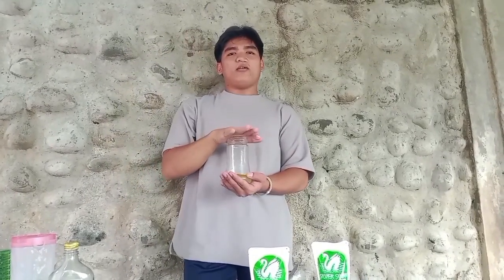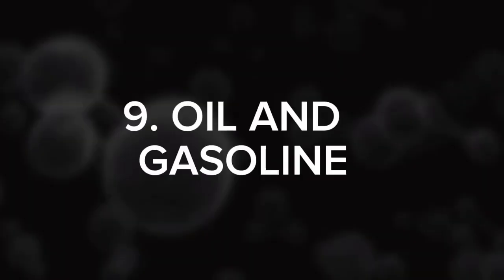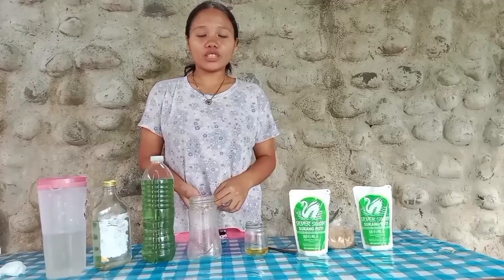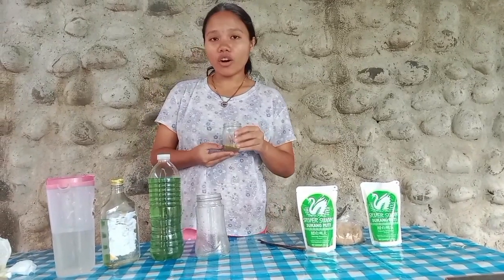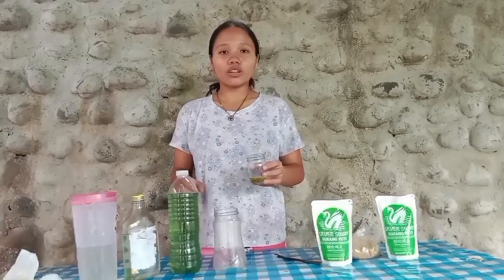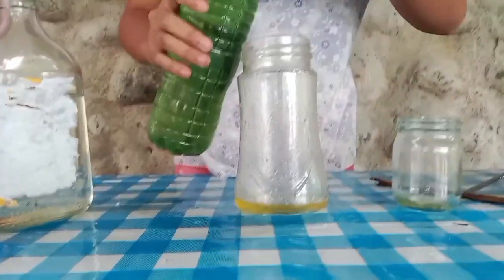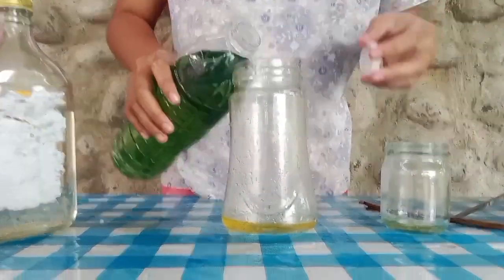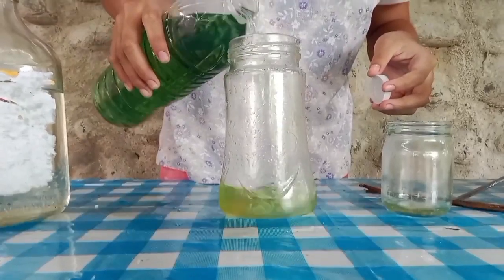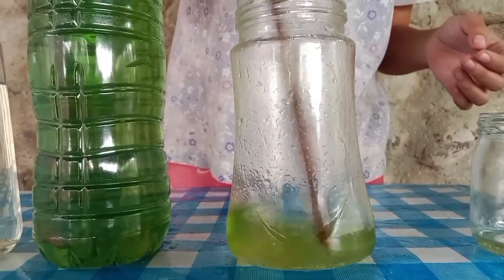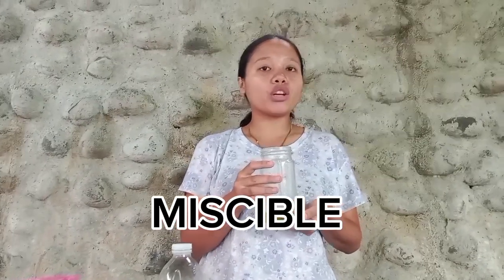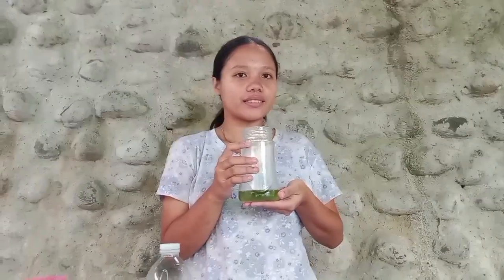They are immiscible. Next combination is cooking oil and gasoline. So let's mix together. We observe that cooking oil and gasoline are miscible because cooking oil and gasoline are non-polar molecules.